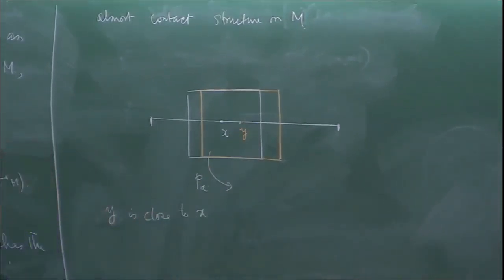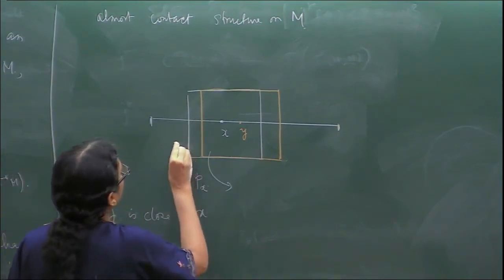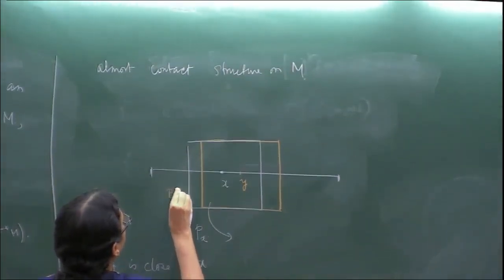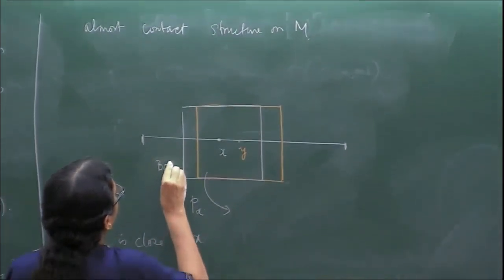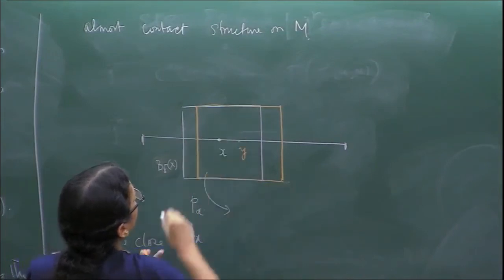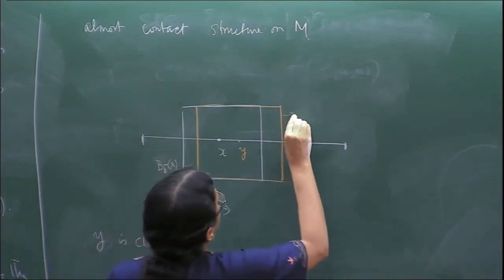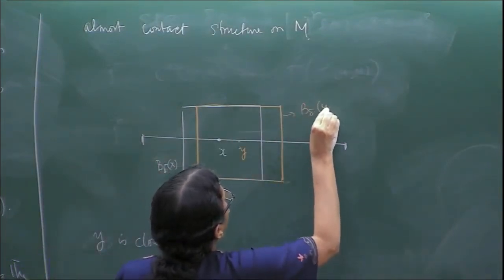Right? So I have a delta neighborhood about y. So let us call this B delta x, this neighborhood, and this one is B delta y.